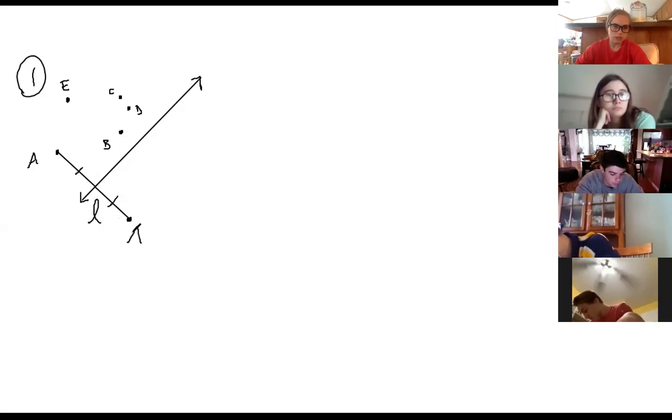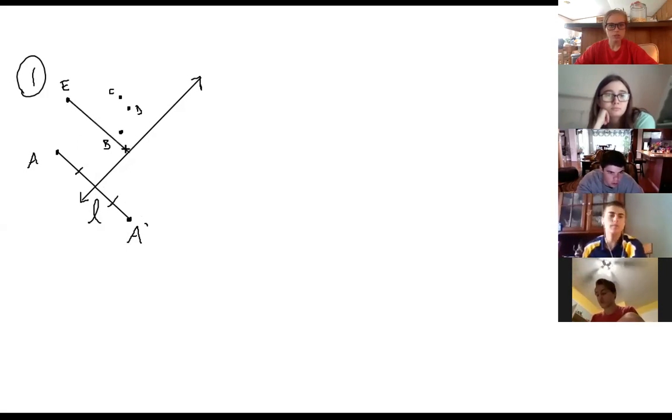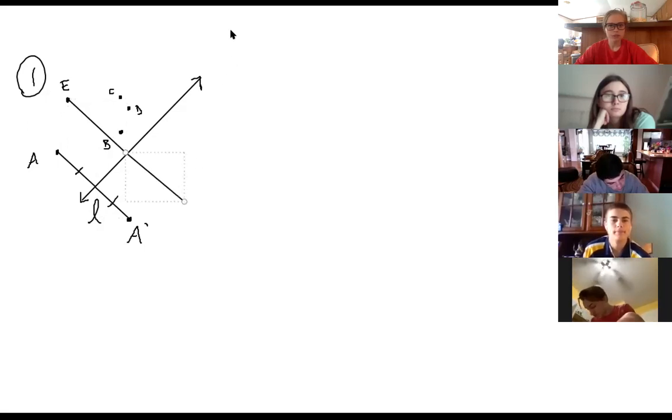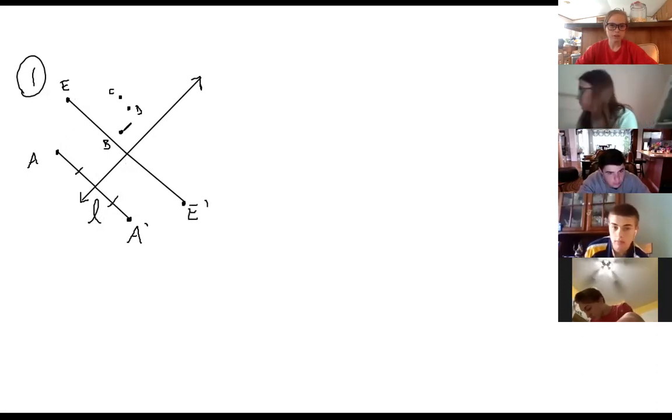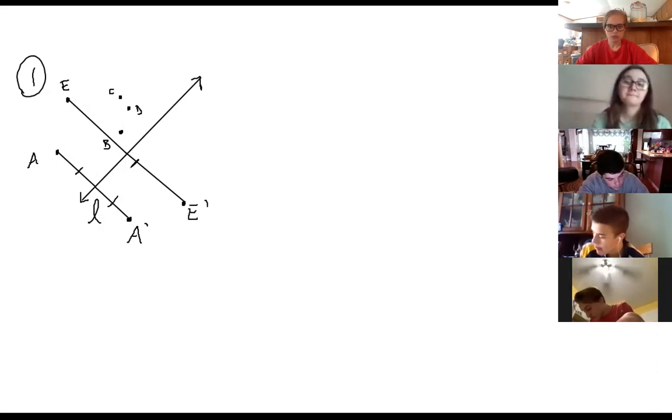This is now A prime, not A, because when you reflect it, the new image is going to be A prime. And that's what you would do with all 5 of these right here, drawing perpendicular bisectors to line L. This would be E prime, and so on and so forth.